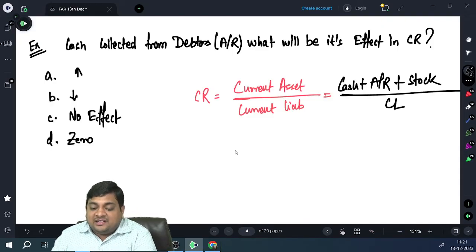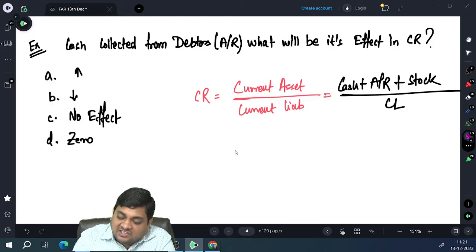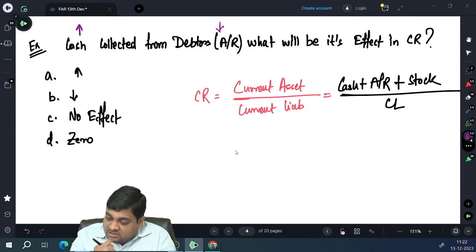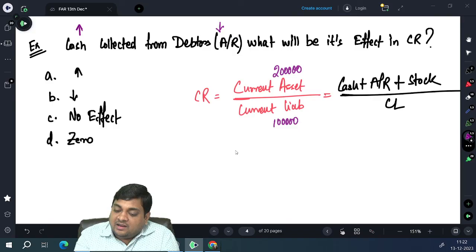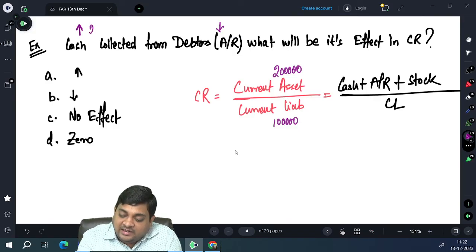Now, cash collected from debtors. So when I talk about cash collected, cash increases and accounts receivable decreases, right? Suppose currently we have 2 lakh and this is 1 lakh, and the cash collected is 20,000.